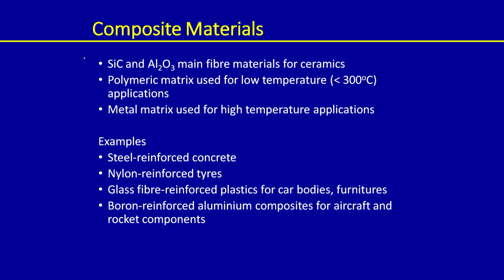You can also have nylon reinforced tires. Tires can have nylon fibers that give us a lot of strength. You can also have glass fiber reinforced plastics for car bodies or even furniture, and boron reinforced aluminum composites can be used for aircraft or rocket components.